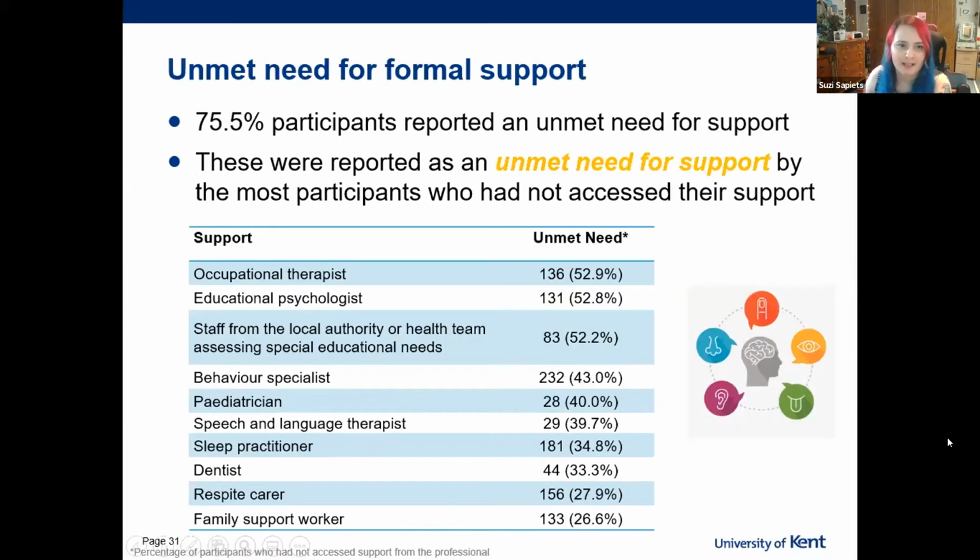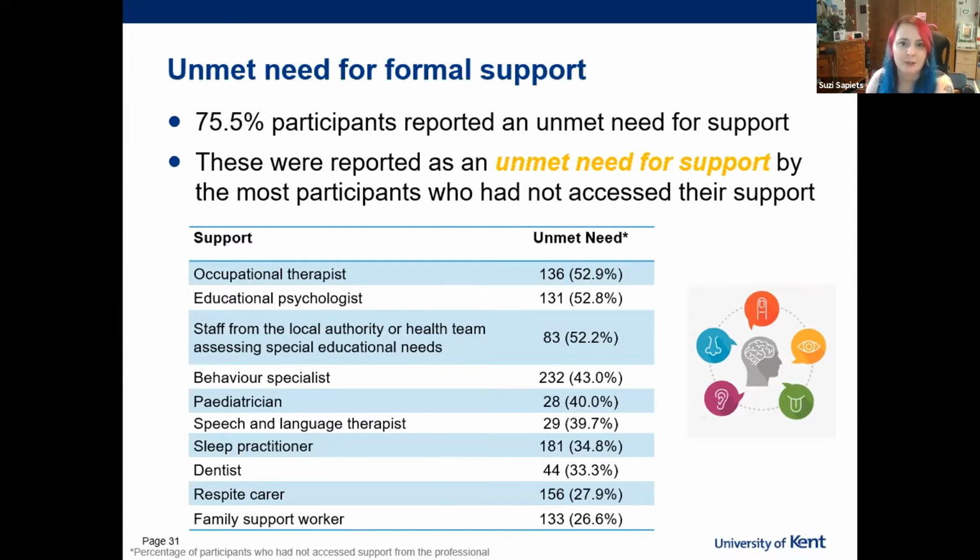In terms of unmet need, overall 75% had reported at least one area of unmet need across those 27 key professionals from education, health and social care. Listed here are the professionals that participants reported as an unmet need, in terms of the highest percentage from those who had not accessed them.